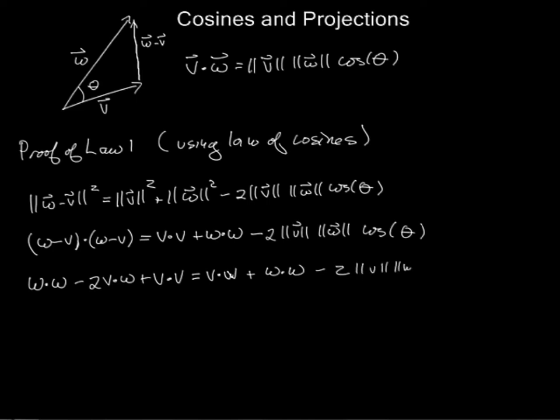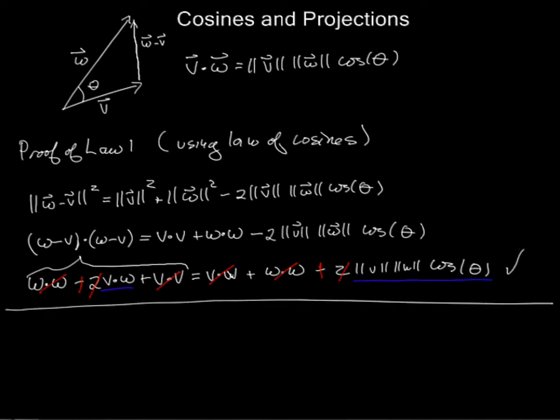And now you just cancel the w dot w on both sides, and also the v dot v, and also the minus 2's, and I conclude exactly what I want: v dot w is equal to length of v, length of w, cosine theta. So these two laws are really very, very closely related to each other.